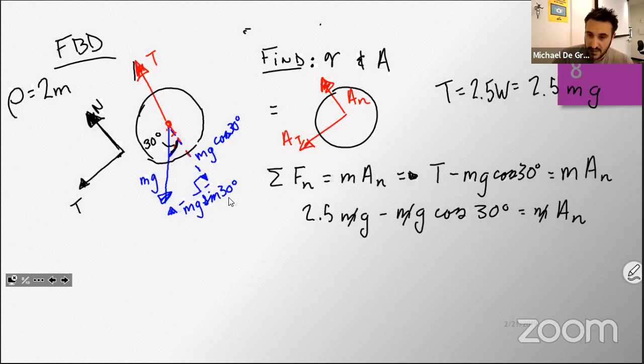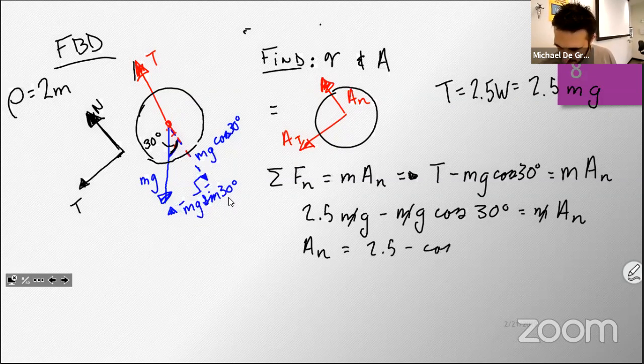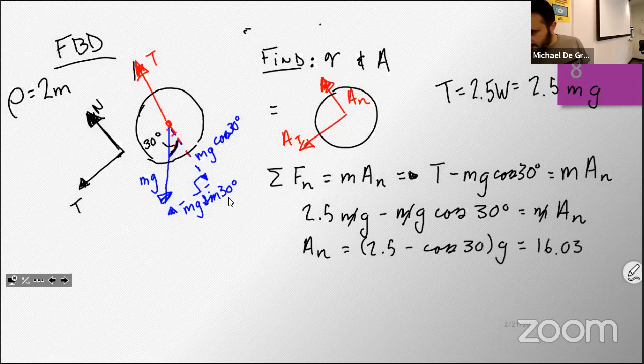So it turns out that the mass of the pendulum doesn't affect the normal component of the acceleration. So we can rewrite this, and we'll end up with a sub n is equal to 2.5 minus cosine of 30, times gravity. And if you run that through your calculator, you'll end up with 16.03 meters per second squared.